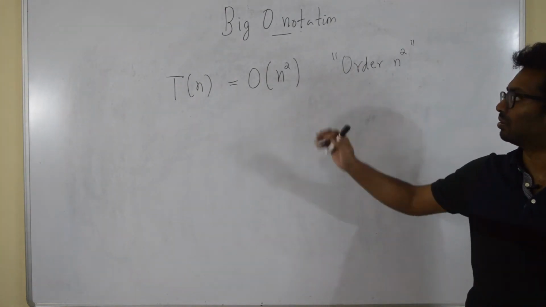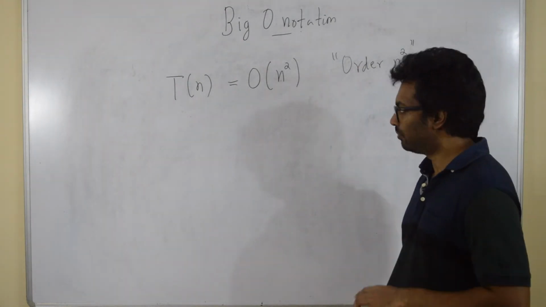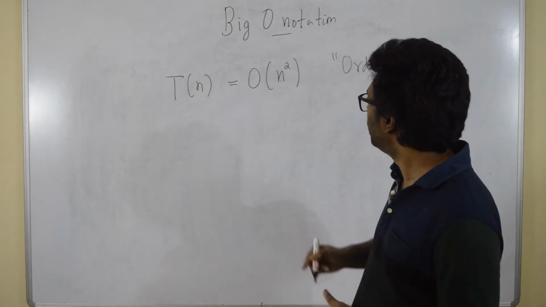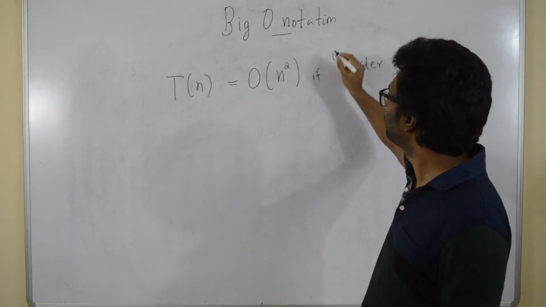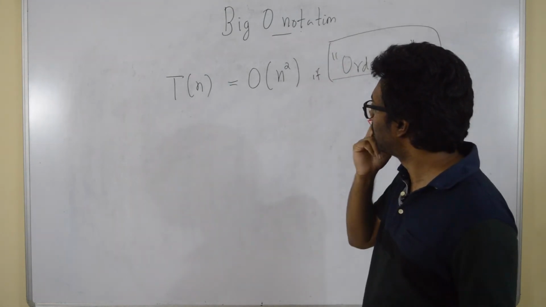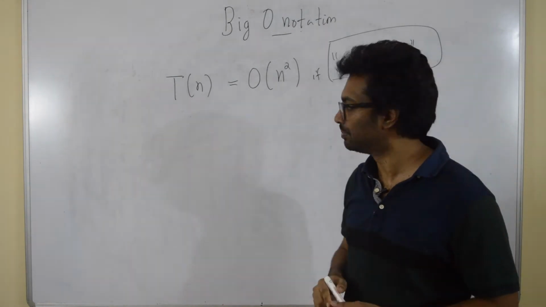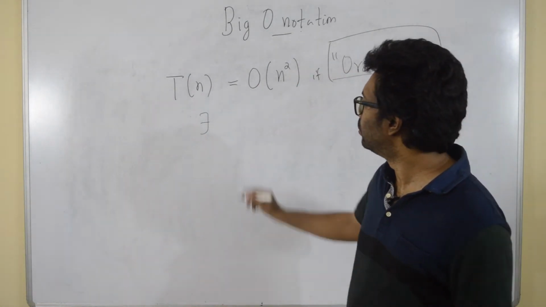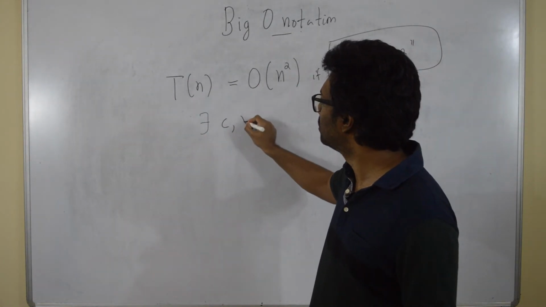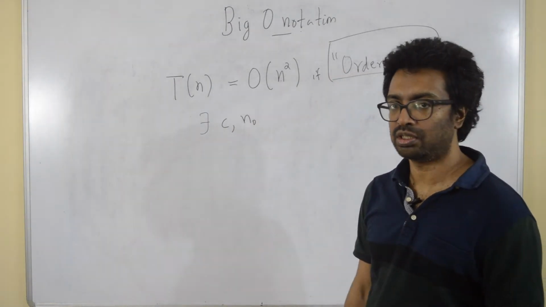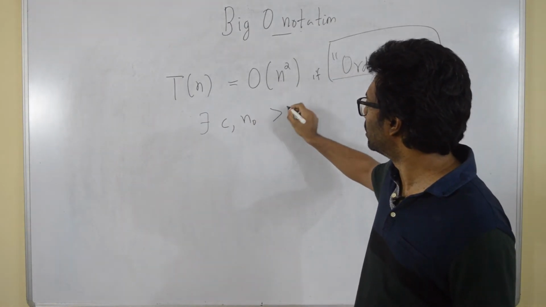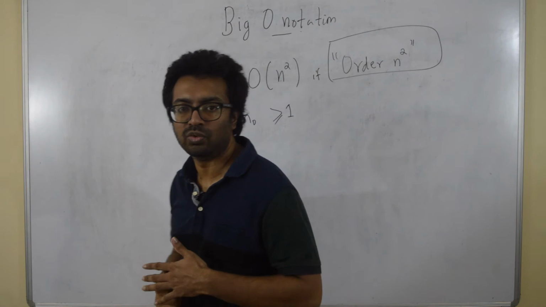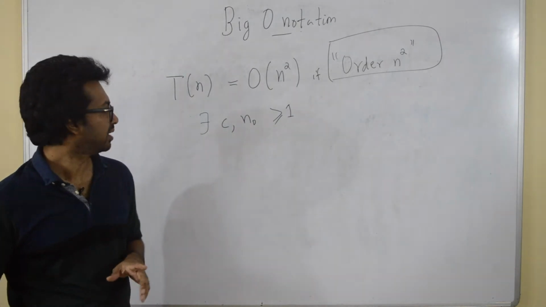So T of n is equal to order n square if, so we say that the running time of an algorithm is order n square if the following happens. If there exist two constants, C and n0, which are greater than or equal to 1.